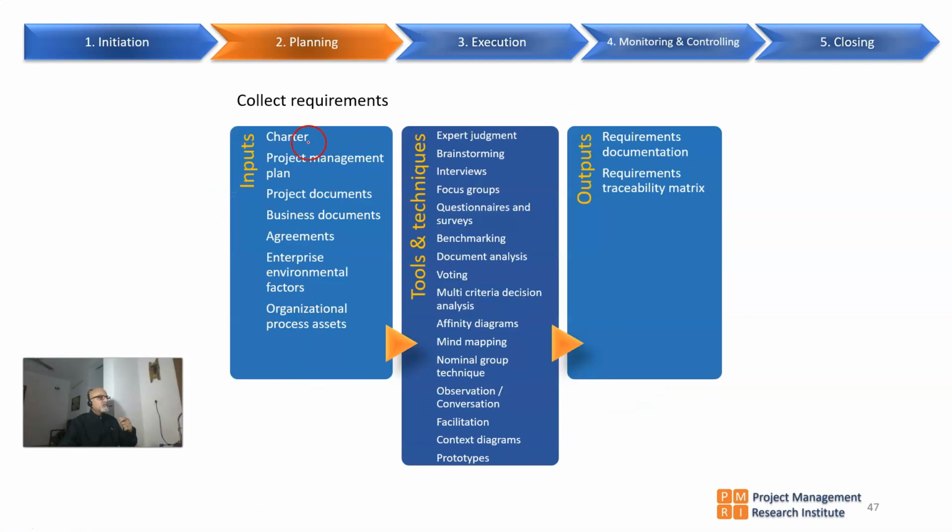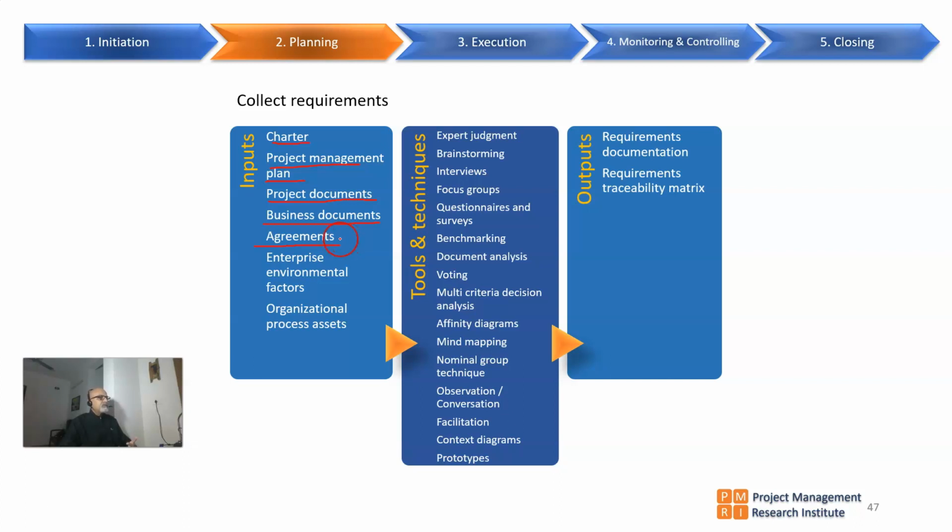Now, to collect requirements, the inputs are the project charter, which we already discussed, and the project management plan, which we also discussed already. Then other project documents like the request for information, request for quotations, any other communications, and the business case of the project. Then agreements, if any agreements are signed between consultants or subcontractors and the owner, along with the contract copy.